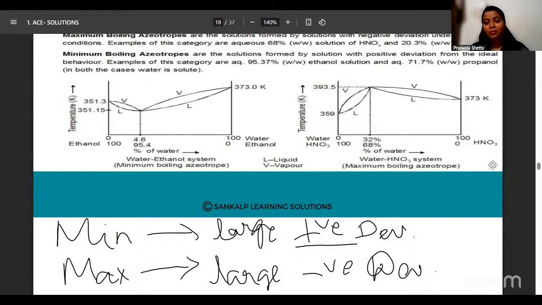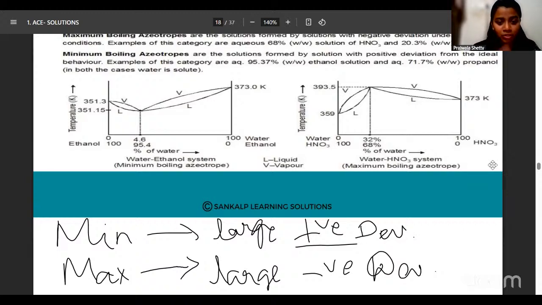Enthalpy of mixing and volume change greater than 0, and the graph went above. That is positive deviation. So if a solution shows large positive deviation, that is a minimum boiling azeotrope. Minimum is positive, maximum is negative. Since it is somewhat opposite, please don't get confused in your examination. Make sure that you look into this properly.